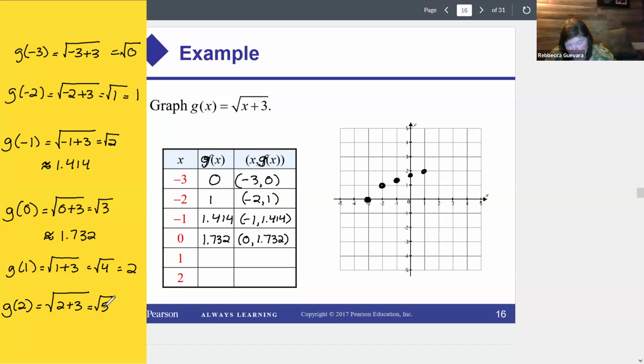The square root of 5 is approximately 2.236. Oops, I forgot to put my 2 here. So that's maybe about here. The general shape we're getting is this.